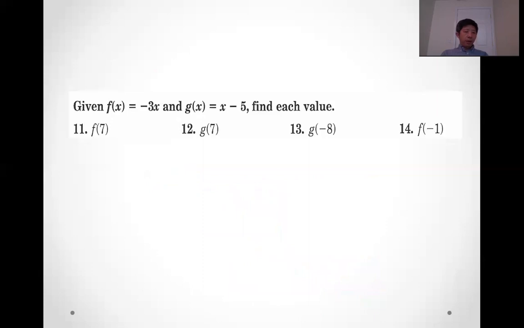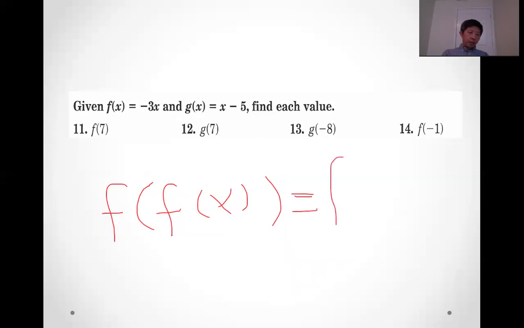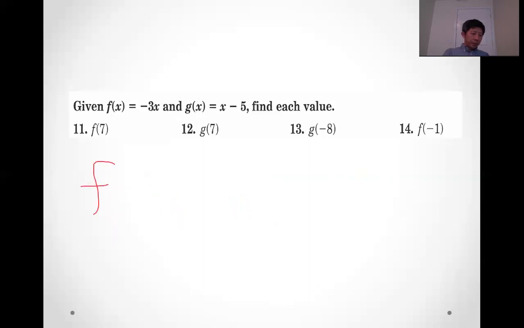So this is a function machine. Okay. We can have two function machines, and then we write it like this. Right, this means two function machines, okay?